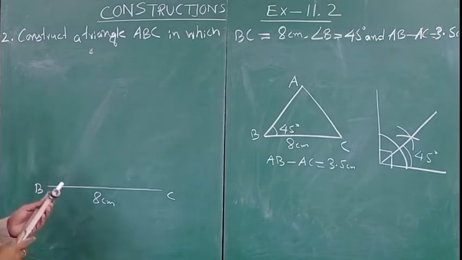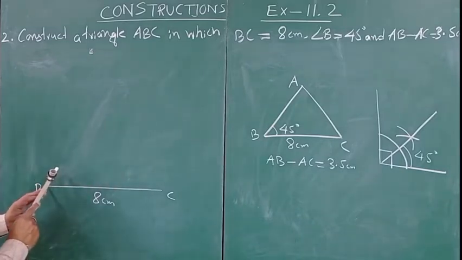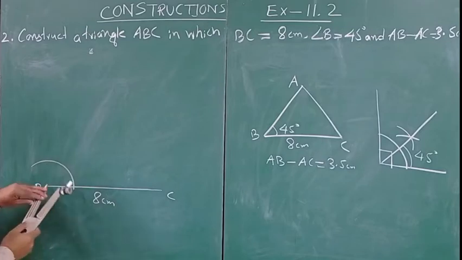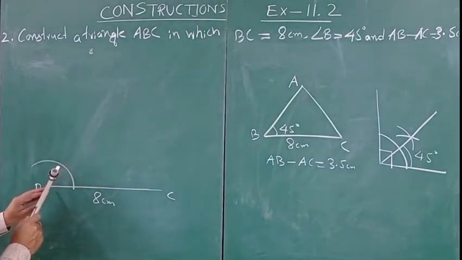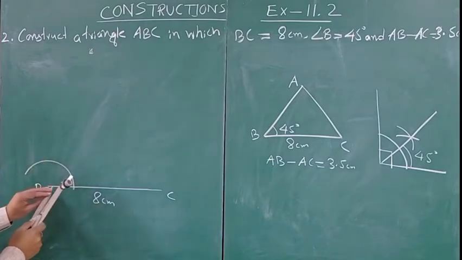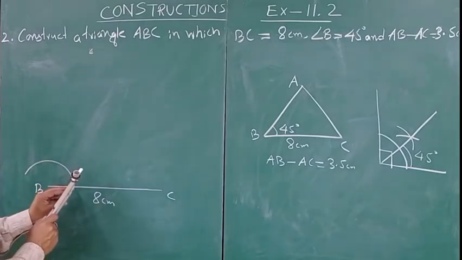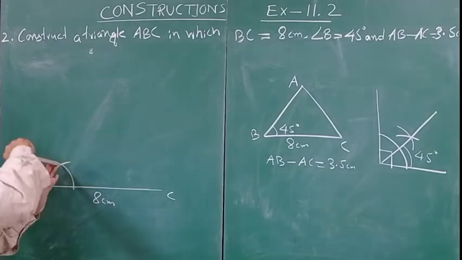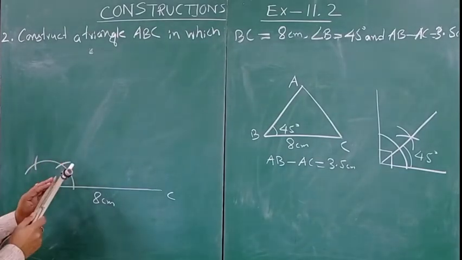Let us see now. We will take the compass, put the compass at B with any radius. Let us draw an arc. Now with the same radius, we have drawn this arc. With the same radius, let us draw one more arc. This is 60 degree. If we do it again, this will be 120 degree.